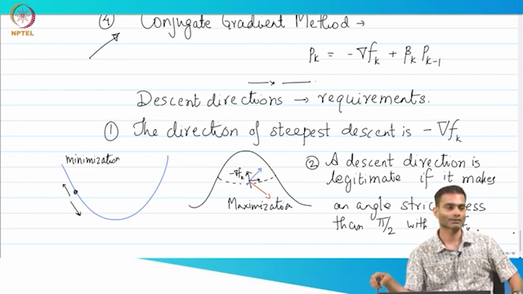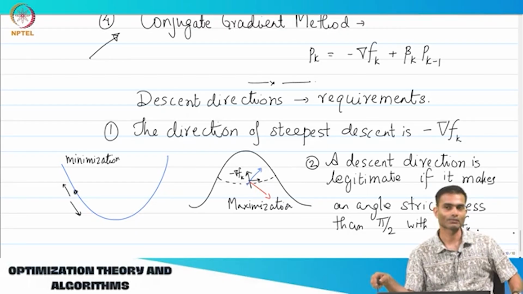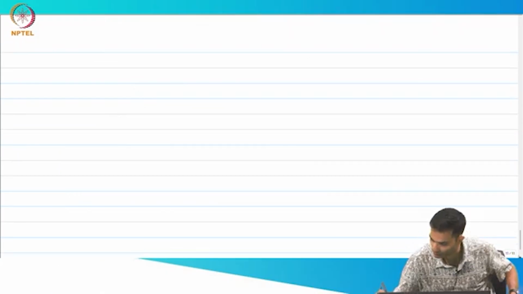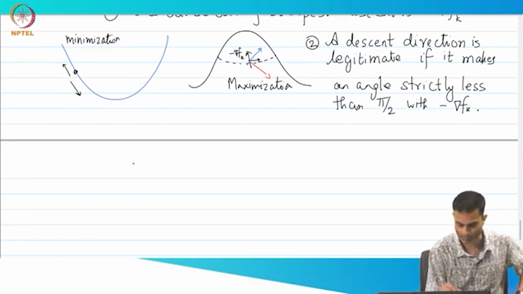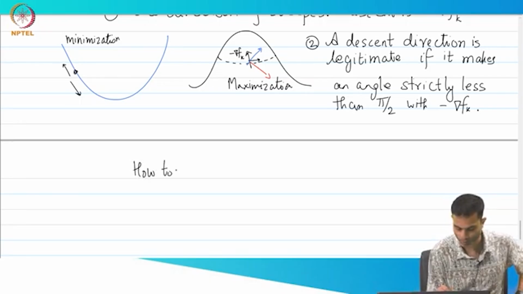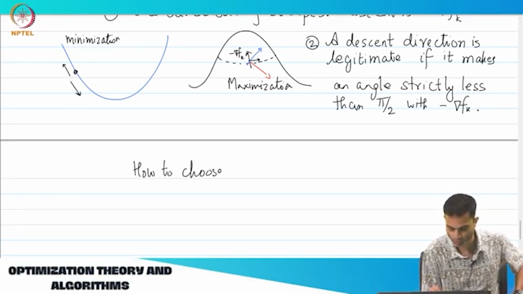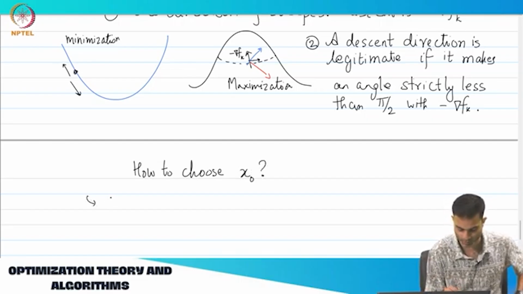Any guesses? Random is a strategy. Okay, this is worthwhile noting because it's actually a very practical problem. How to choose x0?